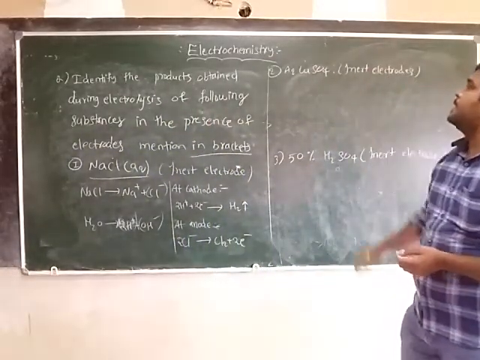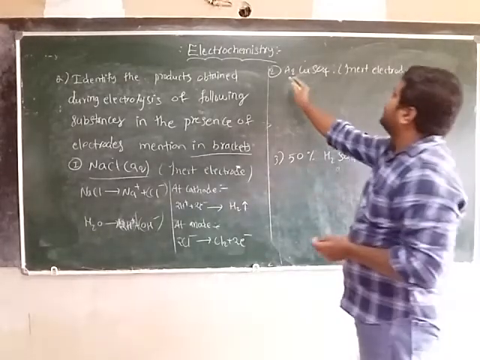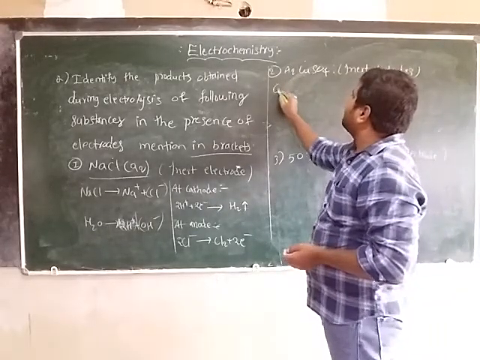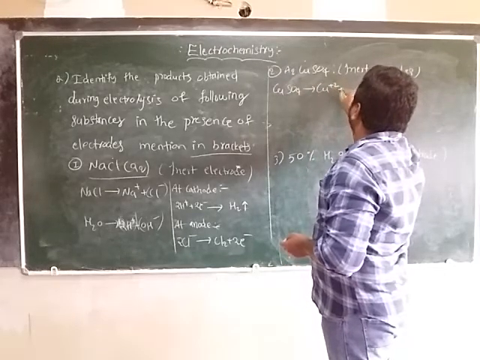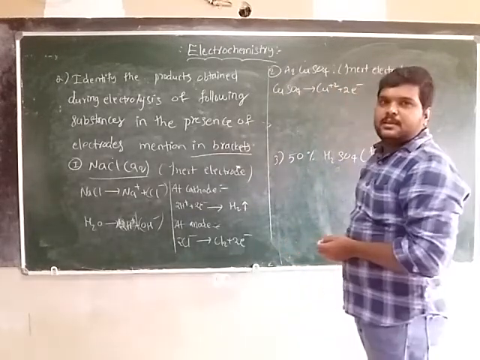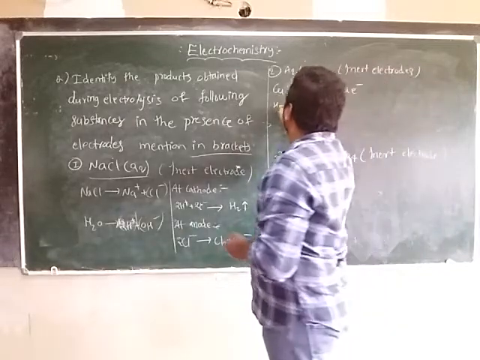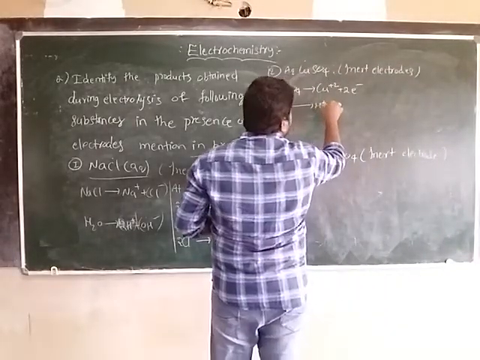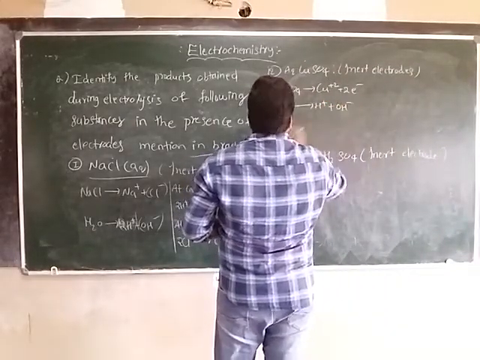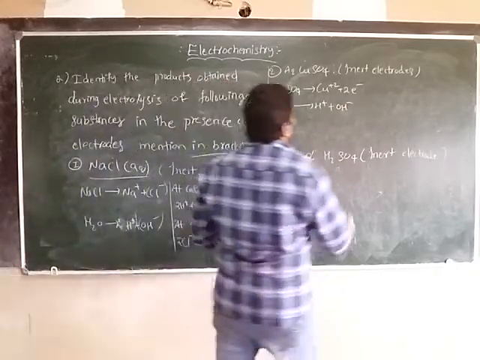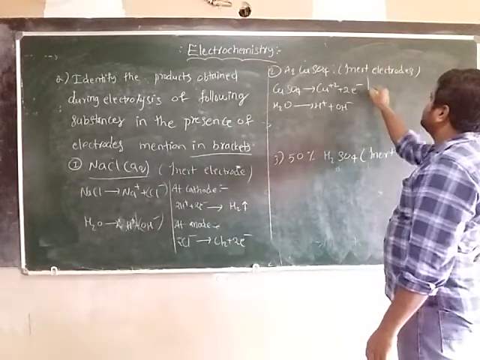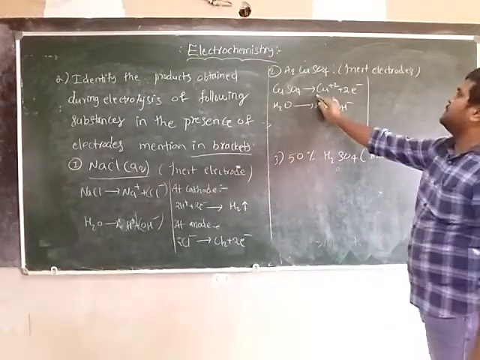Now come to aqueous copper sulfate, with inert electrodes only. Copper sulfate gives Cu2+, and aqueous means H2O gives H+ and OH-. Now there is a competition between Cu2+ and H+.